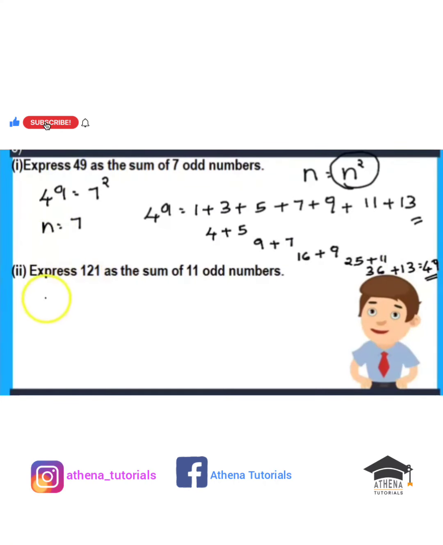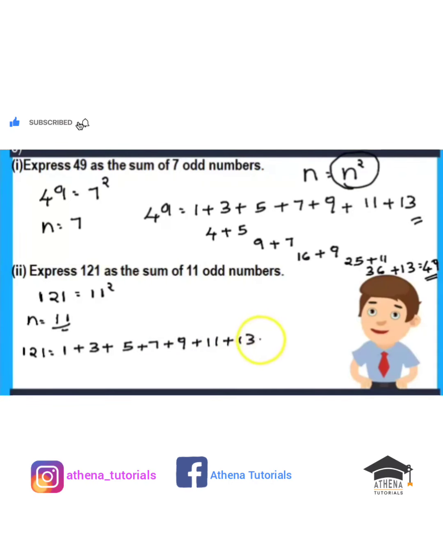Likewise, now we need to express 121. So 121 is 11 square. So the value of n is equal to 11. So we need to express 121 as a sum of 11 odd numbers. 121 is equal to 1 plus 3 plus 5 plus 7 plus 9 plus 11 plus 13. 7 digits are over.